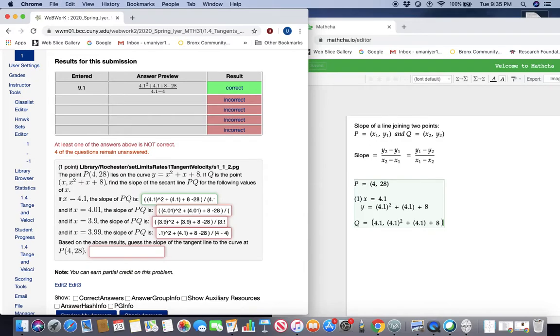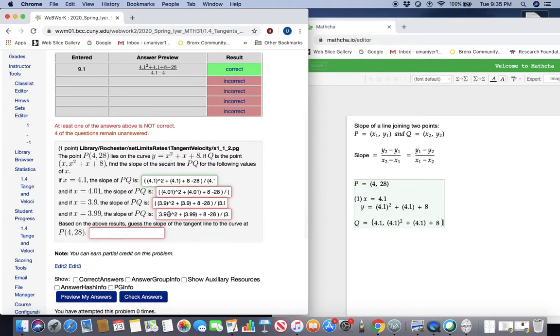So I replace it with 3.99 in each place. Okay, now I will need to plug it in to see what values I get here, because I want to guess the slope of the tangent line.